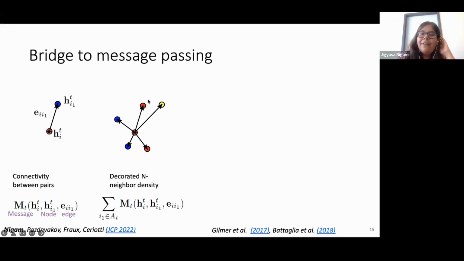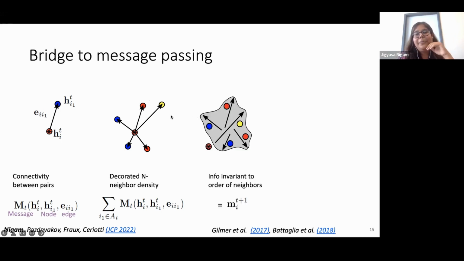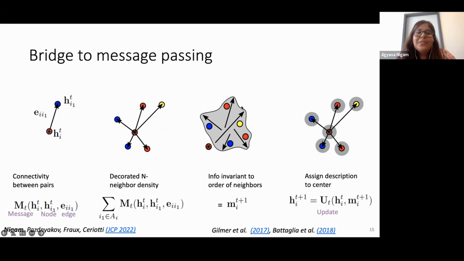And so what I have the ability to do now is collect information on all these different centers, weighted by their displacement from the central atom, and collect this into what is called a message function that is invariant to how you consider the different atoms in your environment. And use this collected information about the neighbors to update my representation of the central atom in what is called an update phase of a message passing scheme.